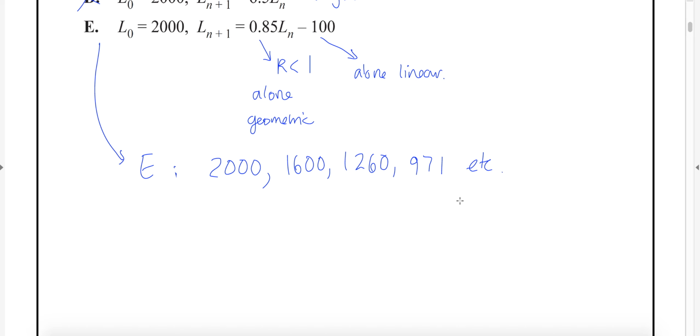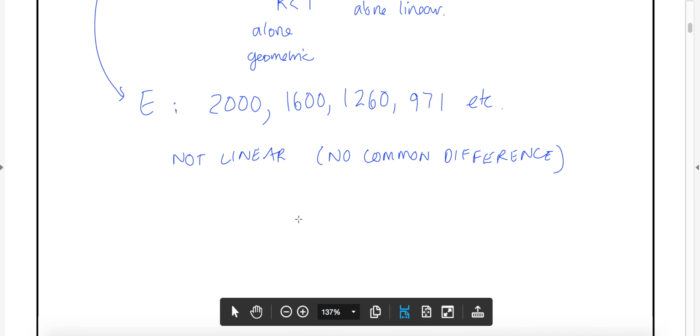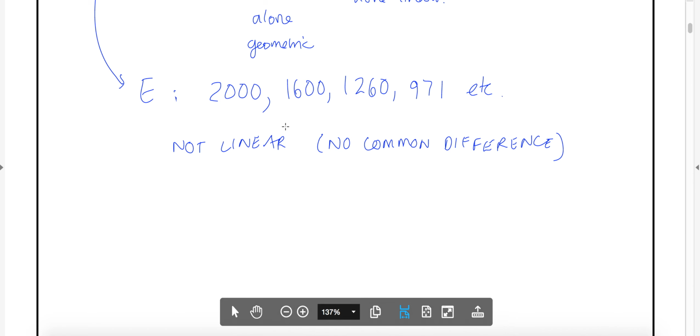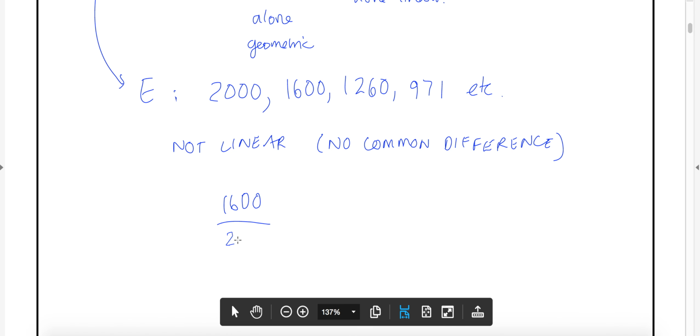So clearly it's not linear because we don't have the same difference between those terms. See here we've got a difference of 400, and that's not true of these consecutive terms here. So definitely not linear, that's fine. I think we established that anyway. No common difference. But why is it not geometric? If we want it to be geometric, what we should see is with each pair of terms, so with the 1600 and the 2000, if I have a look at the ratio of that, you'll see I get 0.8.